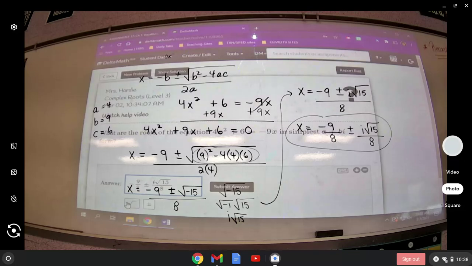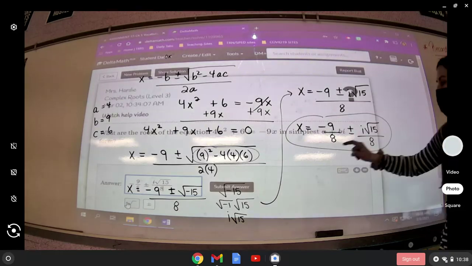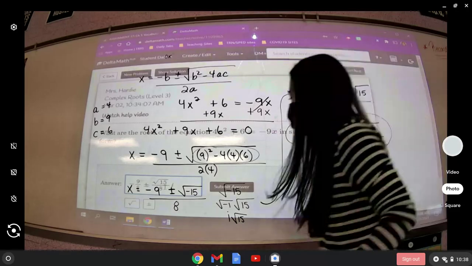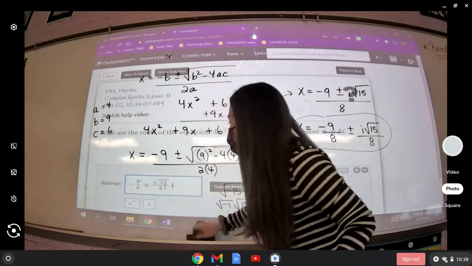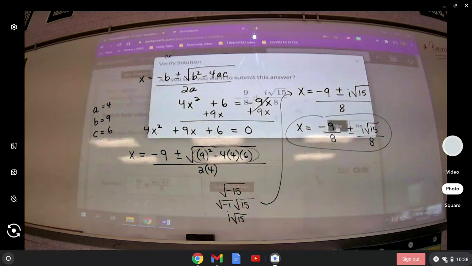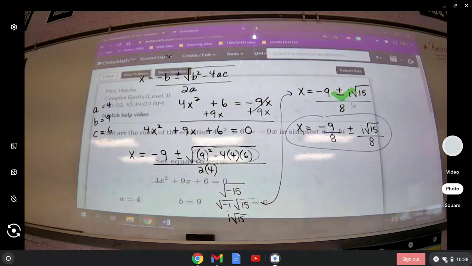Now guys, they let you put the i next to that fraction if you wanted to write it like that. You are allowed to, but I don't think any of you are really going to do that. I would just leave it as i times the square root of 15 on top. Then you can hit submit answer, and you'll get your green check, okay?